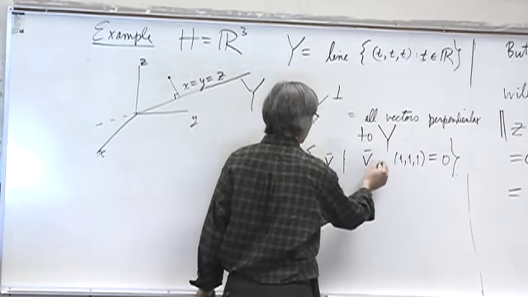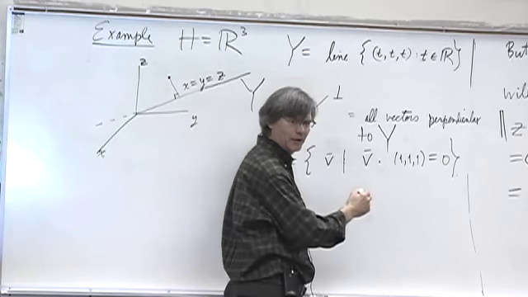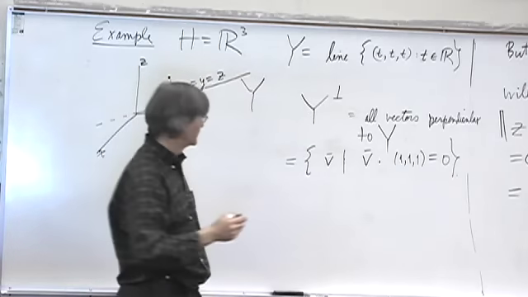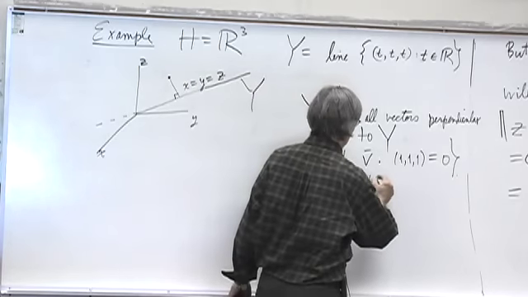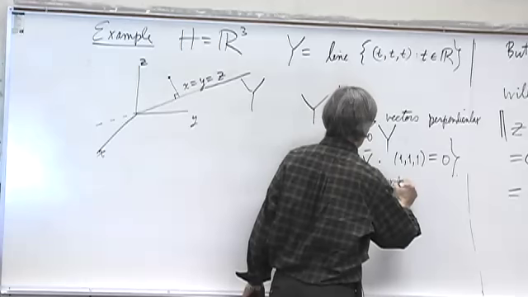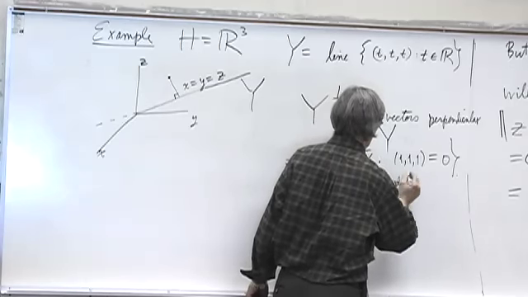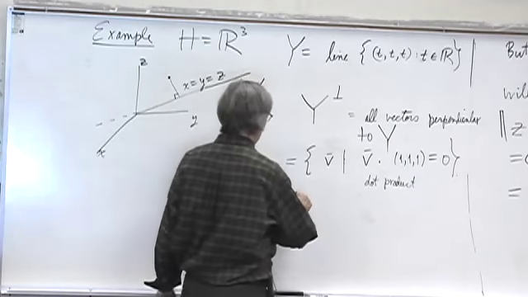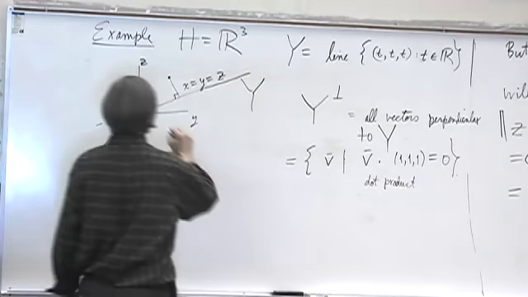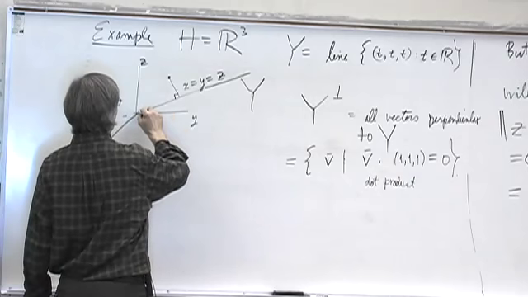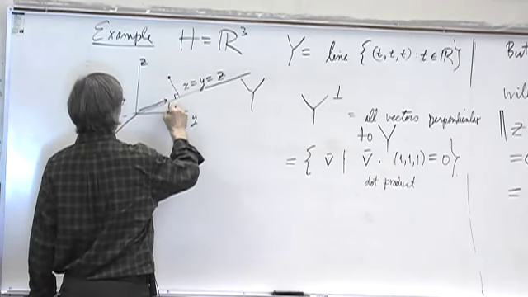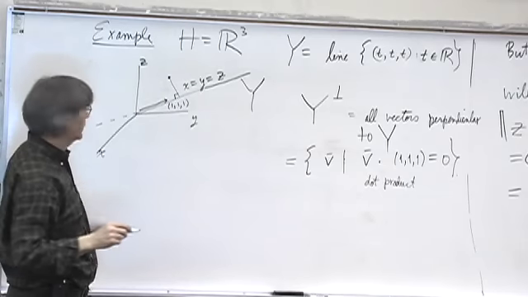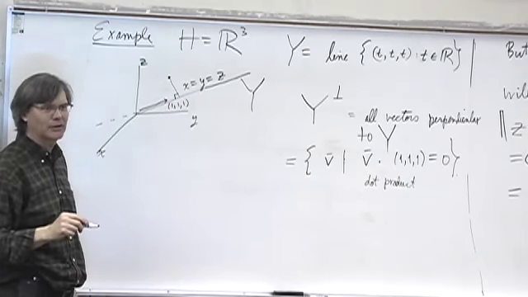So what would that be? This is the good old dot product, right? The dot product is our inner product. So how would I work that out? To be perpendicular to anything in Y, here's (1, 1, 1) in Y, I just have to be perpendicular to that, by scaling.